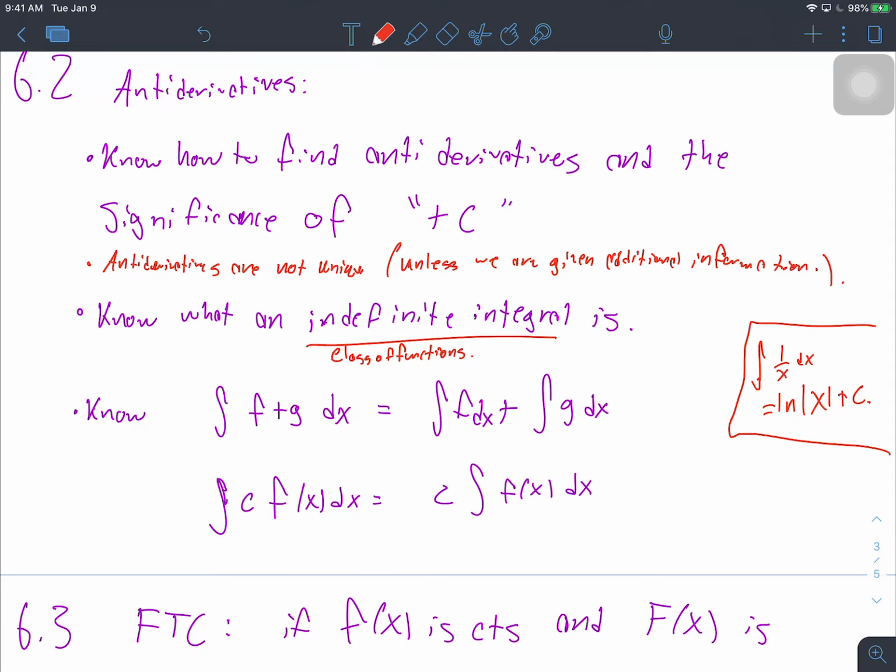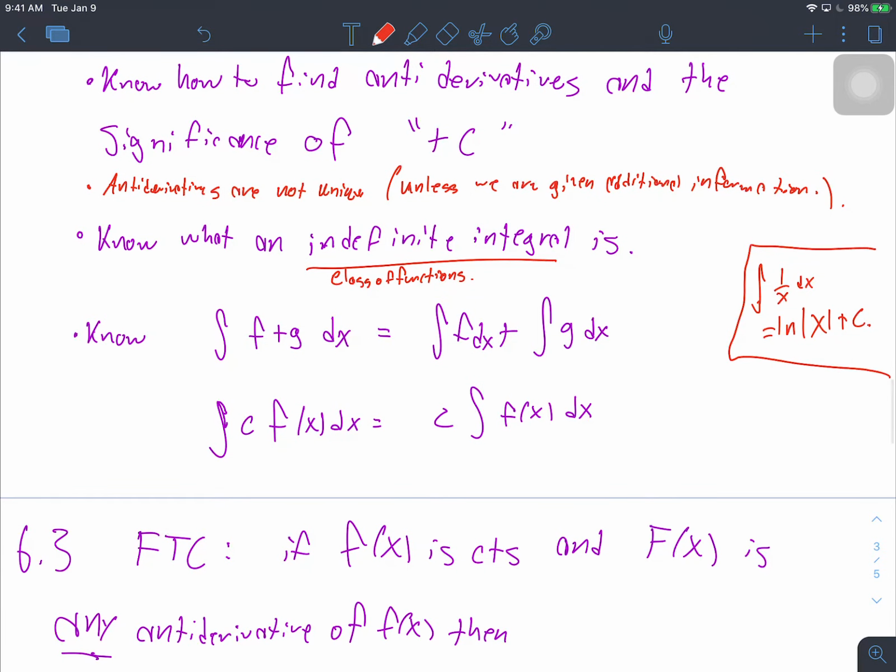Okay? In contrast, a definite integral is going to give us a number. It's going to represent the area under the curve which is above the x-axis minus the area trapped between the curve and the x-axis which lies beneath the x-axis, like we did before. Okay, so with a definite integral, we get a number. With an indefinite integral, we get a class of functions.